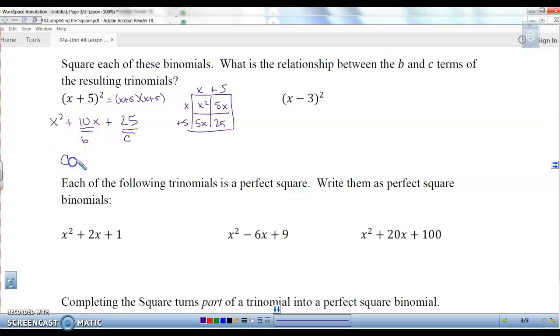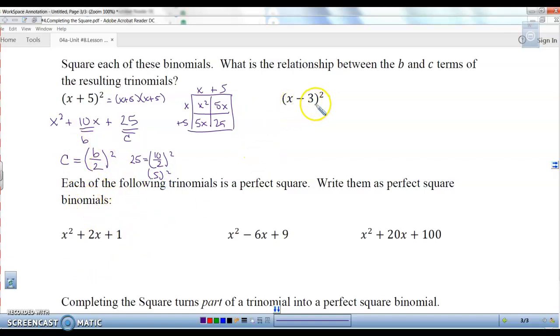The c term is what you get if you take the b term, divide it by 2, and then square it. So the c term we said was 25. If I take half of the b term, half of 10 over 2, it's 10 divided by 2 squared, which is 5 squared, which equals 25. So that's the relationship.